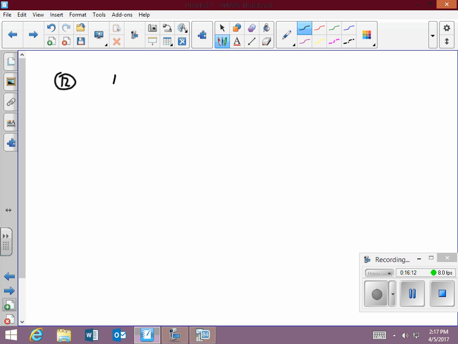So the formula we use for continuous interest, A of T equals the principal e to the rt, right? That's the general form. Now the principal is 5,000, right? You can borrow 5,000 at 29.9% compounded continuously.